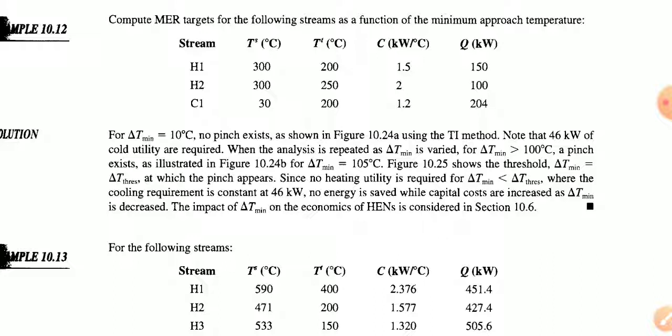So for a delta T minimum equal to 10 degrees Celsius, no pinch exists as shown in figure 10.24. Using the temperature interval method, we know that 46 kilowatts of cold utility are required.